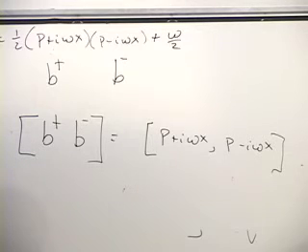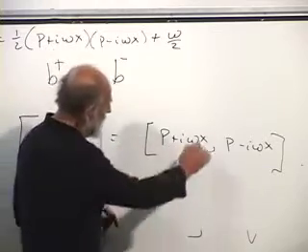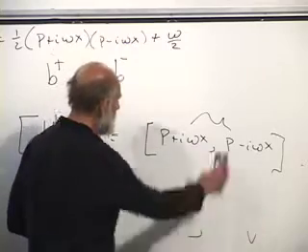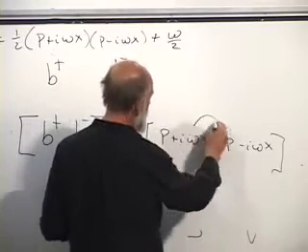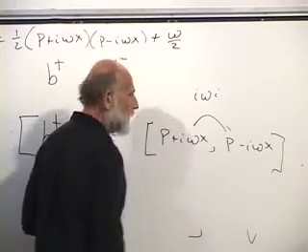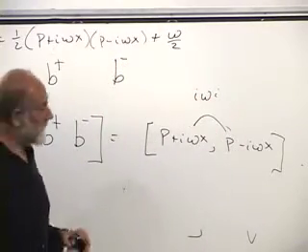The commutator of x with p is i, so this gives us i omega times another i, in other words, minus omega.